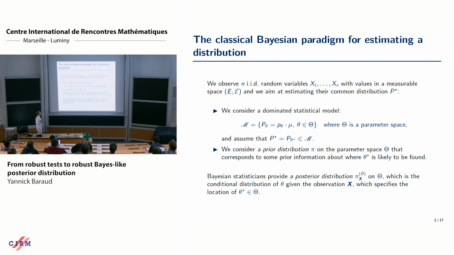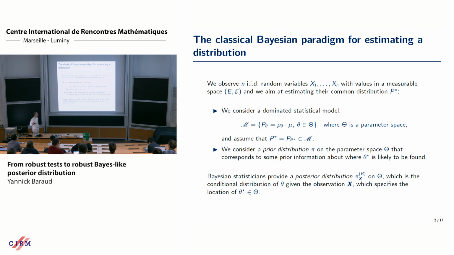And this will not be enough. We also consider a statistical model which is supposed to contain the distribution of these random variables. So the model can be parametric, but it can also be non-parametric. And by doing so, in any case, it will be parametrized.